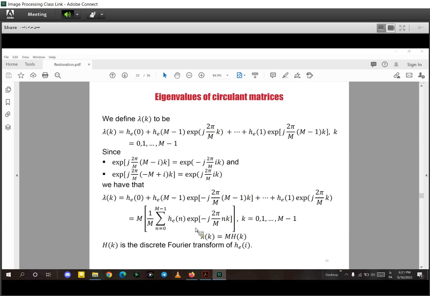Okay, from sum of h(n) exponential minus j2π over m n k. This is a form. Okay, the used item. This is the Fourier transform, or discrete Fourier transform, DFT. The first form in the lecture. Okay, part 1 of this transform. This is the form of the DFT, the Fourier transform.